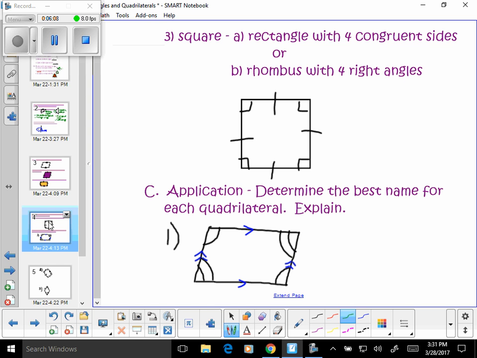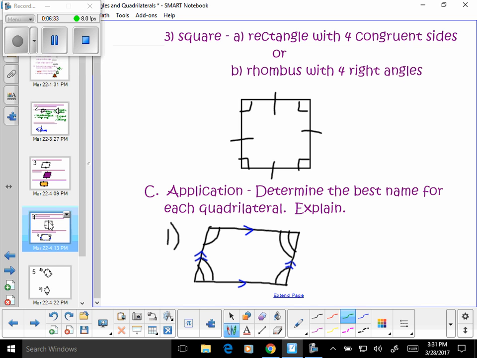It is either considered a rectangle with four congruent sides or a rhombus with four right angles. And the definition can be either one. Our book chooses to use rectangle with four congruent sides, but I included the other definition because sometimes you will see it defined as a rhombus, meaning all four sides congruent, but you also have four right angles.